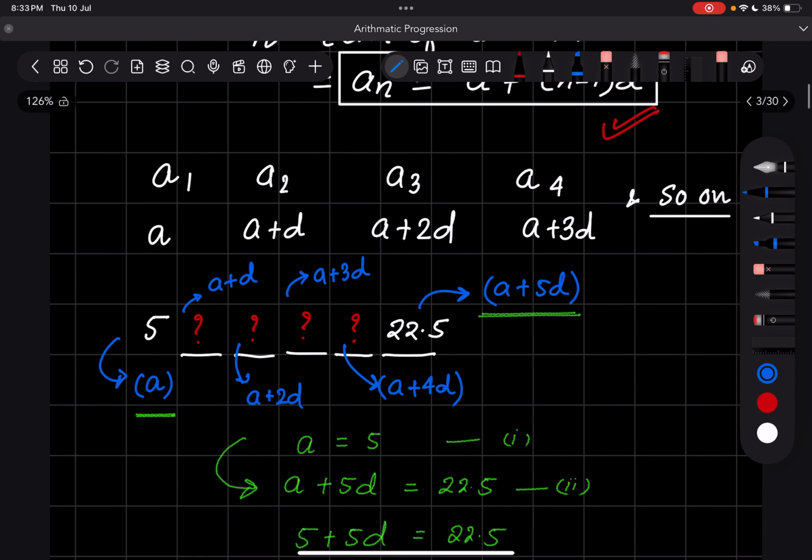In this question, you can see there were four terms which were unknown to us. We only knew the first term and the last term. And using our knowledge of basic equations, we solved this question.